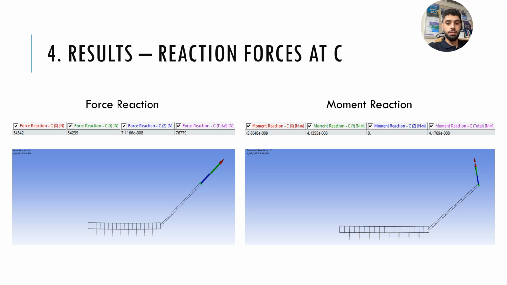For reaction forces at C, we have a force reaction of 76,779 newtons total, and we have a moment of 4.17 times 10 to the negative 8 as the moment total. And you can see the directions that they're pointing to.